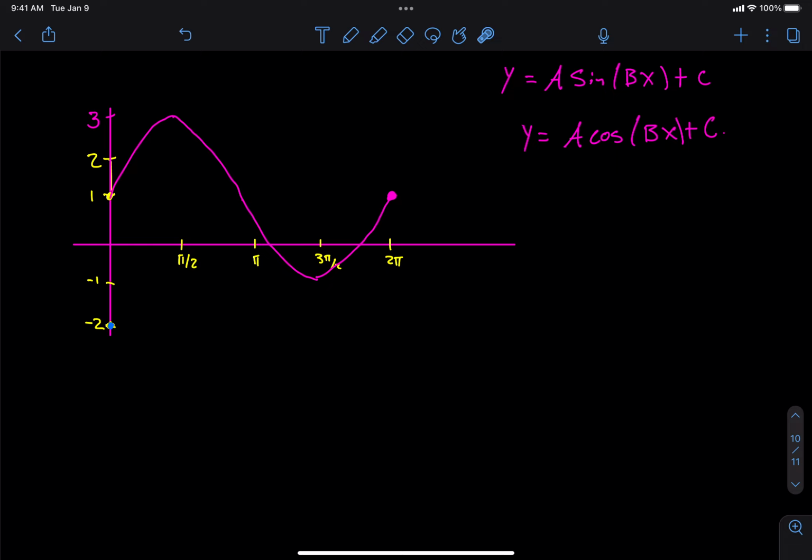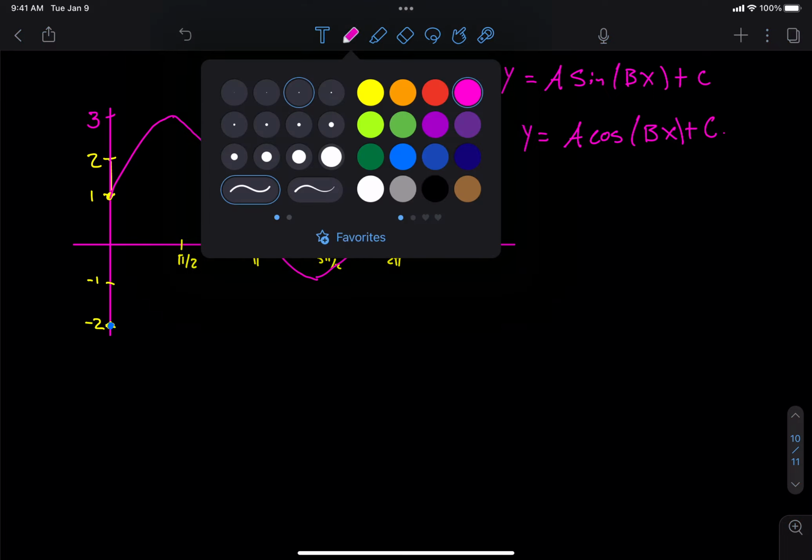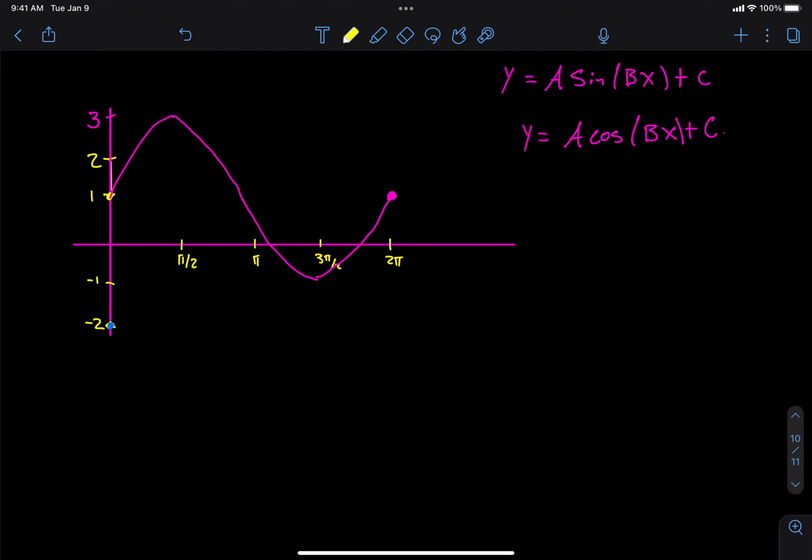So the first thing to recognize is the following. Before we start, what kind of transformations are we going to get out of these? There's 3 of them. Can you list them in order? What are the transformations on this function here?